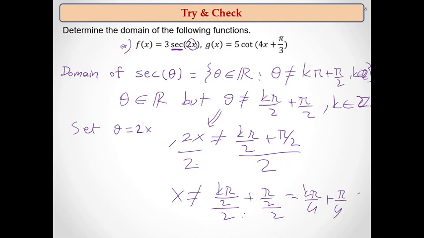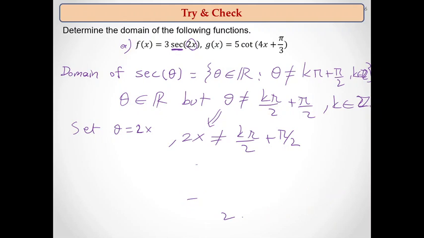So x should not be k pi over 4 plus pi over 4, where k is in integers.